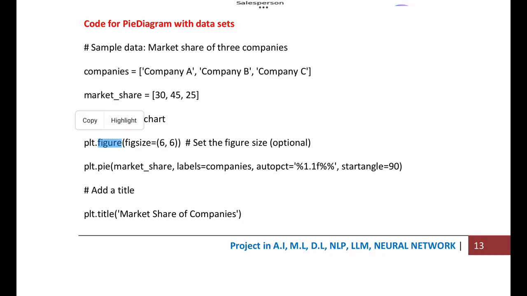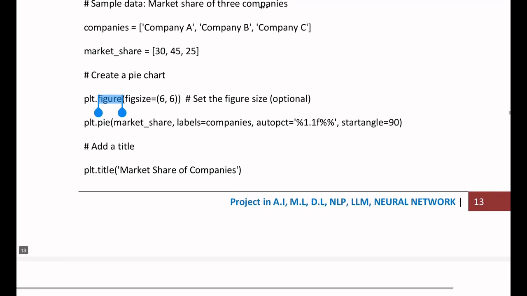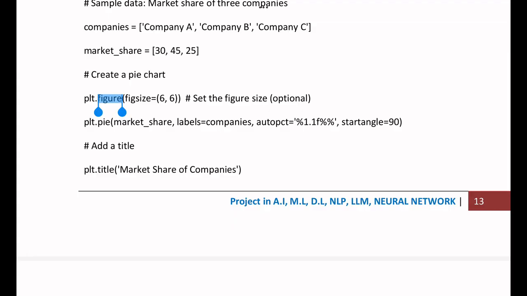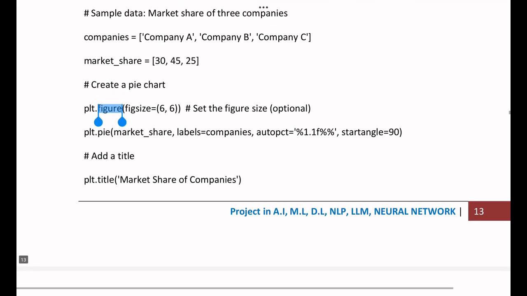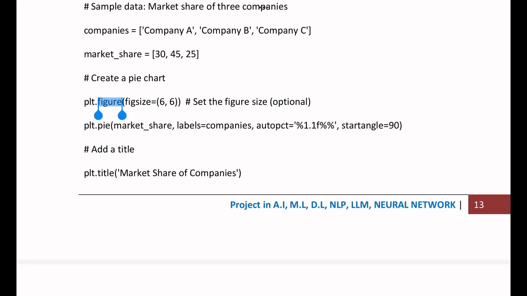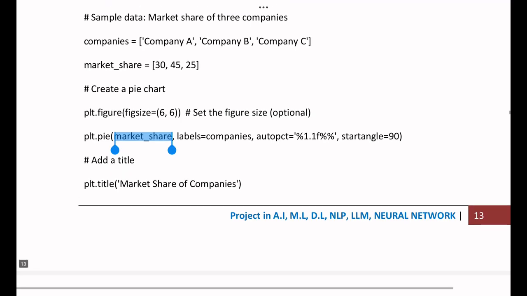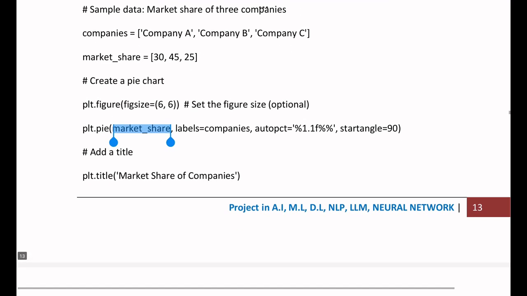So I am writing figure. My figure size is 6 row, 6 column. This is optional. Now you have to learn only plt.pie, my market share, which is 30, 45, 25.